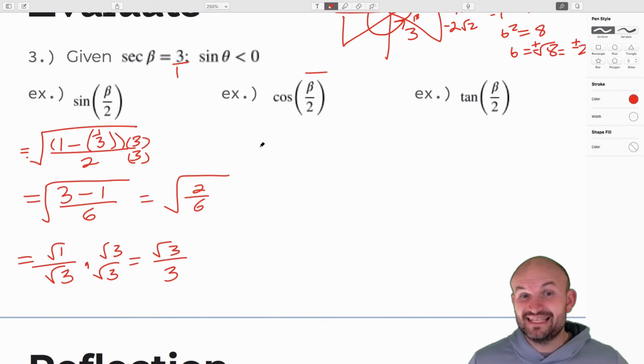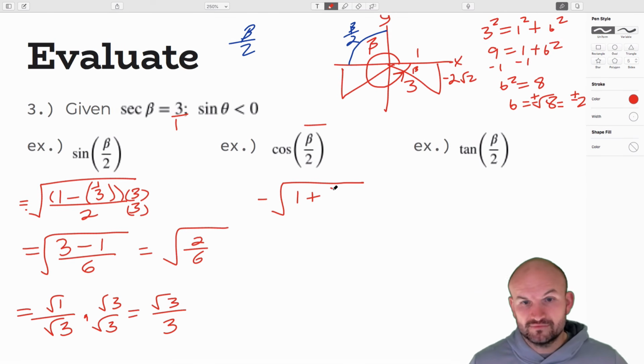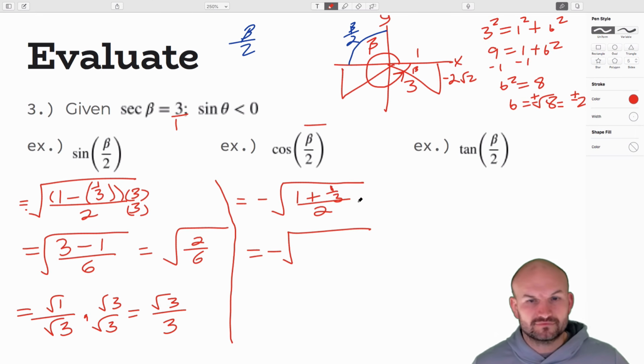Now let's take a look at the cosine of beta over 2. Remember, this is going to be the negative, right? And it's going to be 1 plus the cosine, which is 1/3. So 1 over 3, divided by 2. Now obviously we recognize this is really going to provide us with the same type of answers here. So it's going to be negative. We can multiply by 3 over 3.